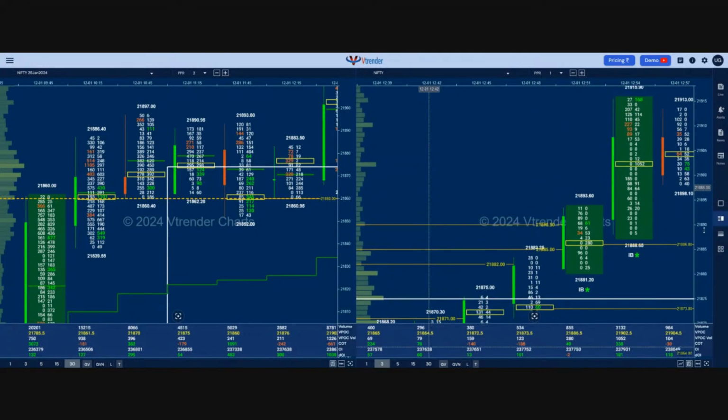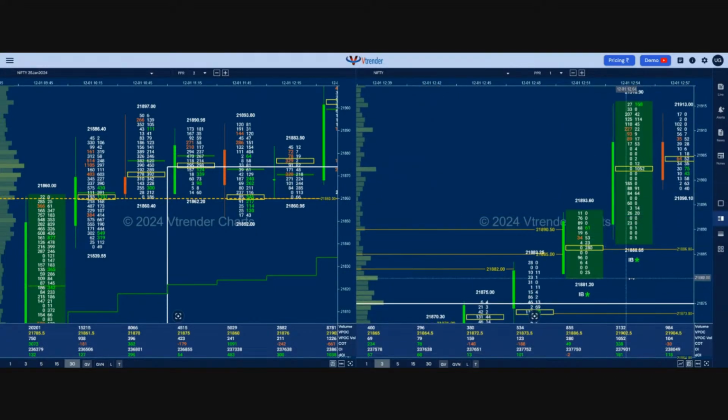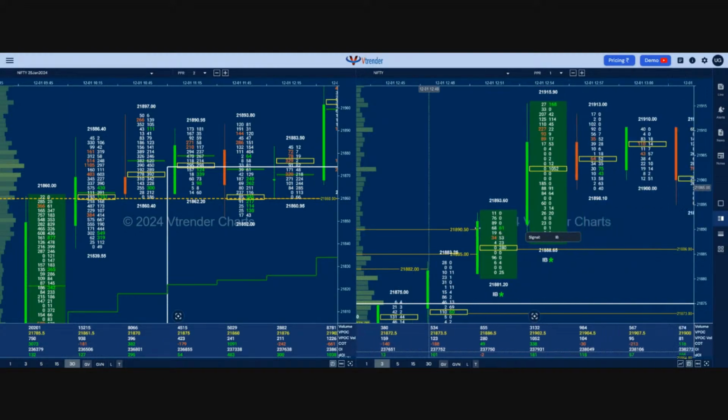So here you can see we've got another IB plus IB bar. So here we can either look to book profits or again trail one part of our position to this level, 21881.